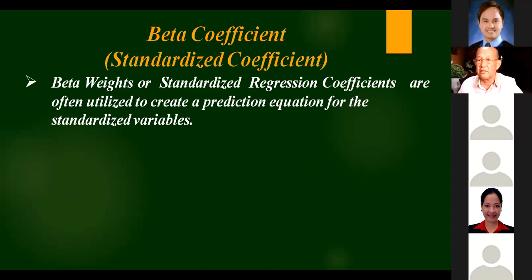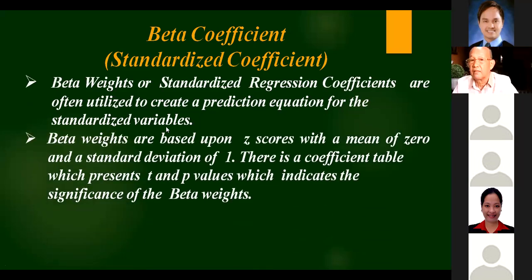Beta weights or standardized regression coefficients are often utilized to create a prediction equation for the standardized variables. No? Beta weights are based upon z-scores with a mean of 0 and a standard deviation of 1. There is a coefficient table which presents T and P values, which indicates the significance of the beta weights. Ang rule ang ginagamit dito is probability rule.